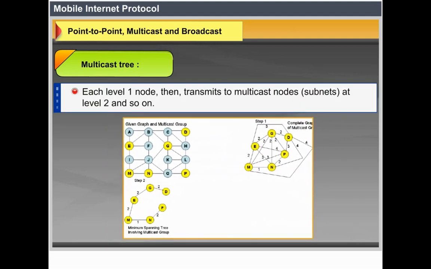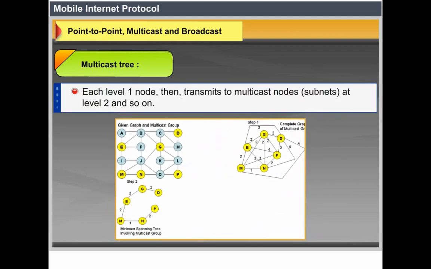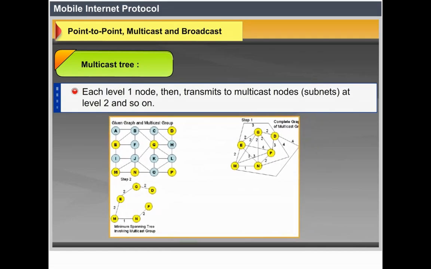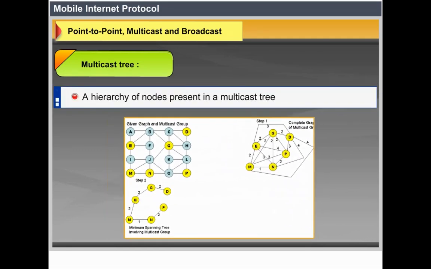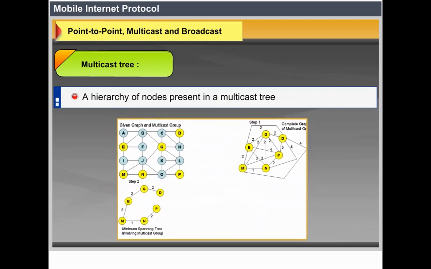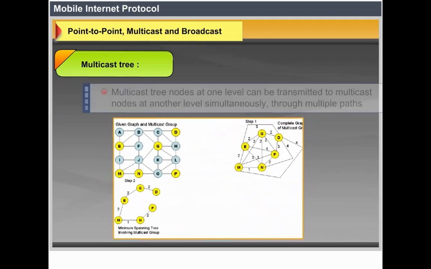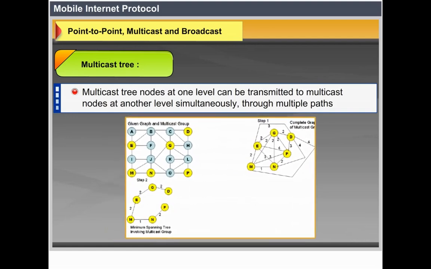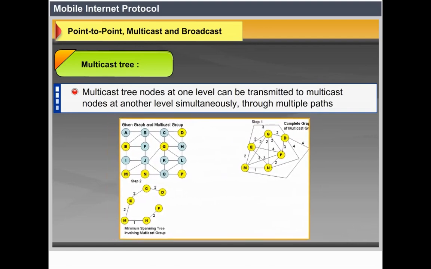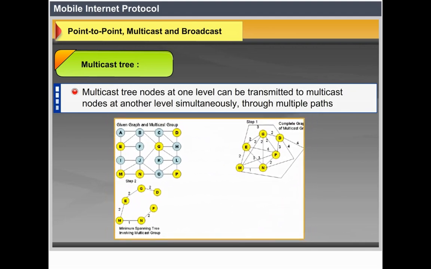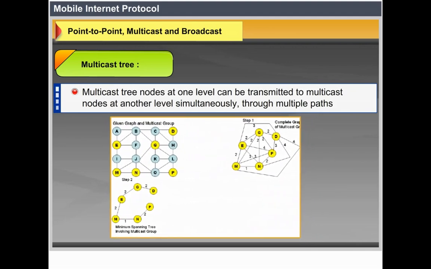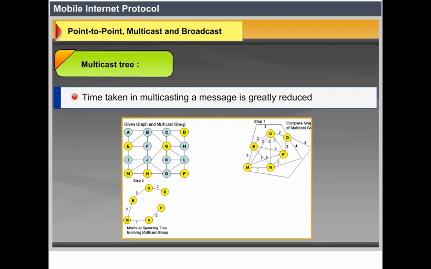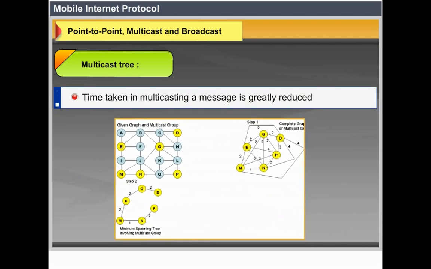Each level 1 node then transmits to multicast nodes, subnets at level 2, and so on. A hierarchy of nodes is present in a multicast tree. Multicast tree nodes at one level can transmit to multicast nodes at another level simultaneously via multiple paths. Time taken in multicasting a message is greatly reduced.